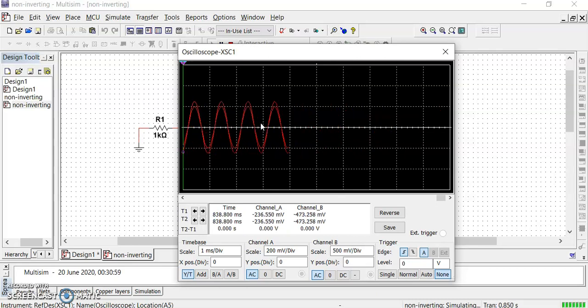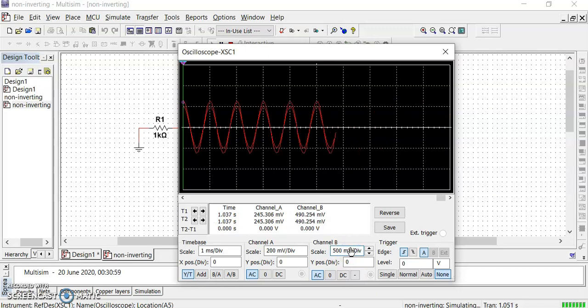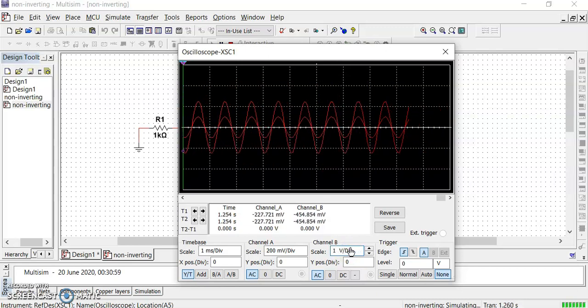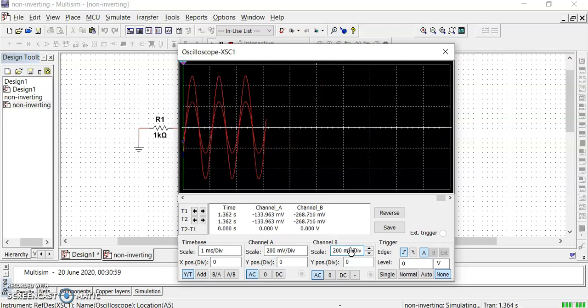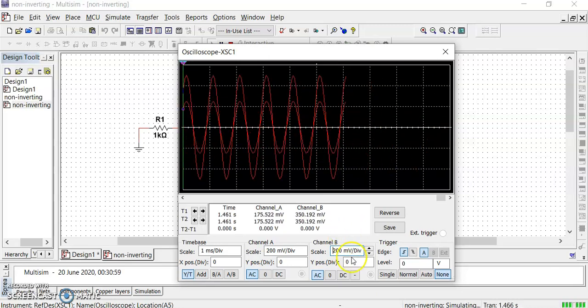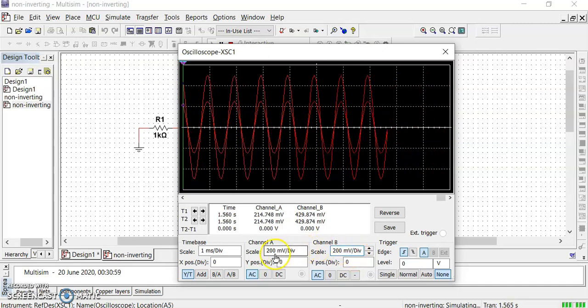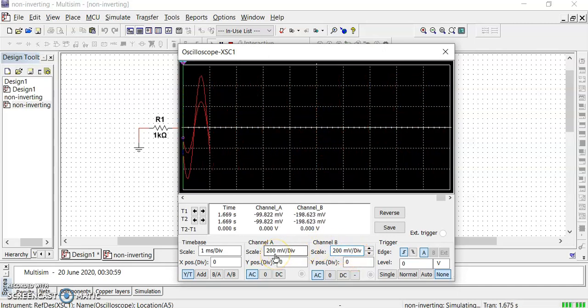Now let us calculate the output voltage. Channel B is our output and channel A is our input. First I am calculating the input voltage value.